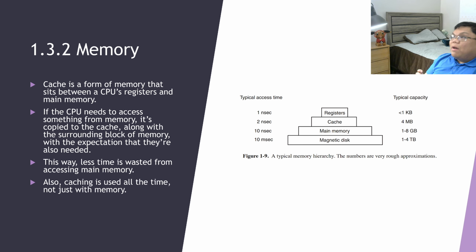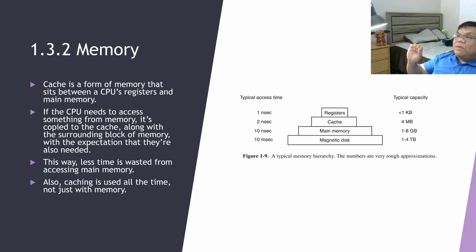So remember what I said about a CPU reading something from memory, and it would take several clock cycles to get that information? Well, cache is there as an intermediary form of memory that is faster than main memory, but still not as fast as a register. And the idea is simple.